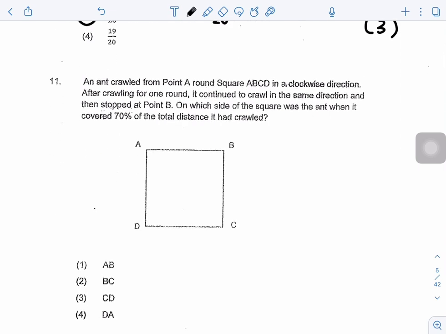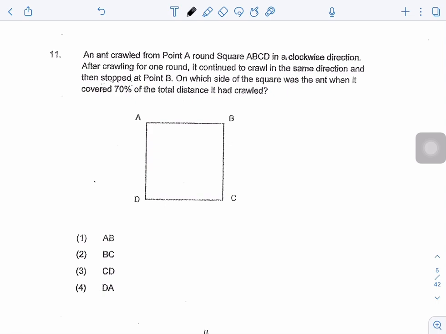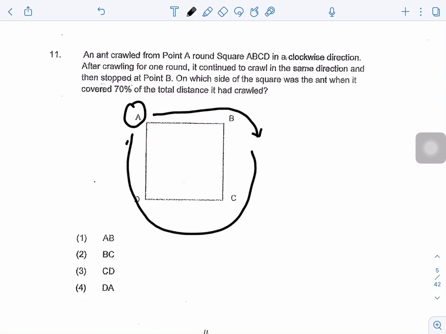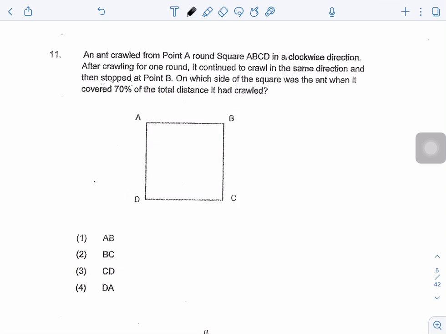Question 11. An ant crawled from point A around square ABCD in a clockwise direction. So it started from here and went this direction. After crawling one round, back to A, it continued to crawl in the same direction and then stopped at point B. Just to help you visualize, the ant crawled from here to here to here to here, and then it crawled back again here.